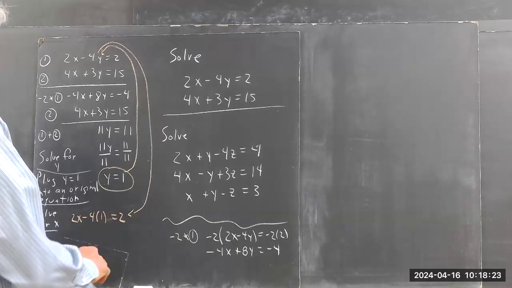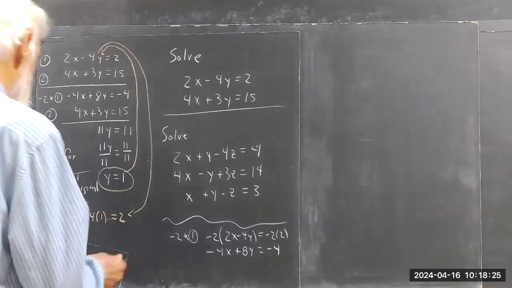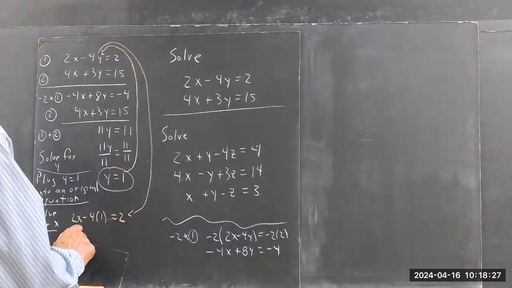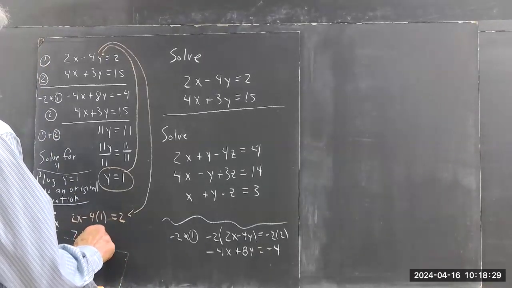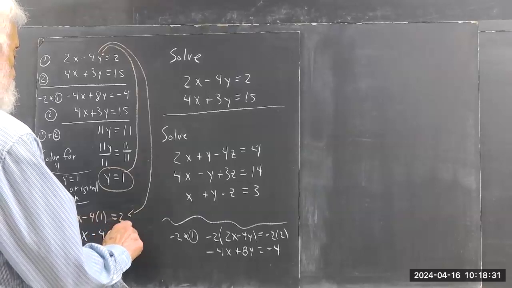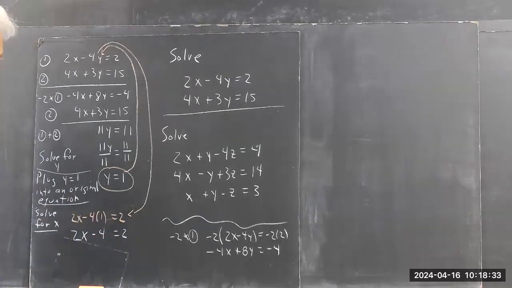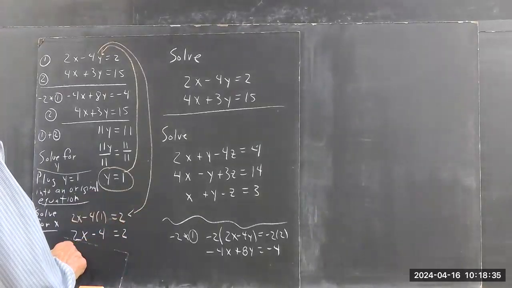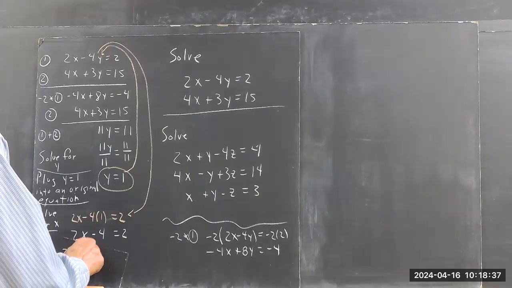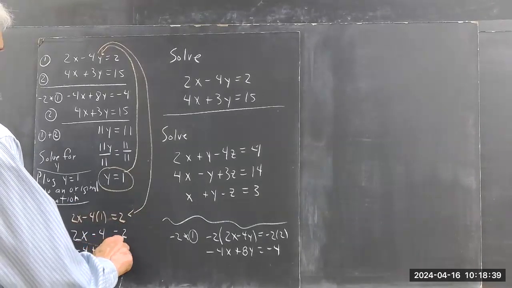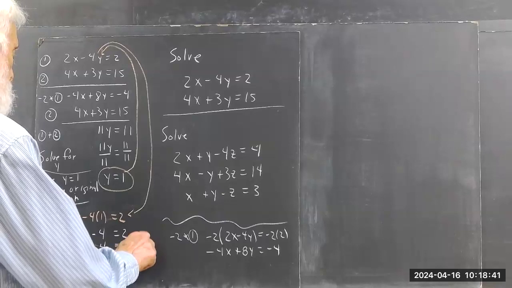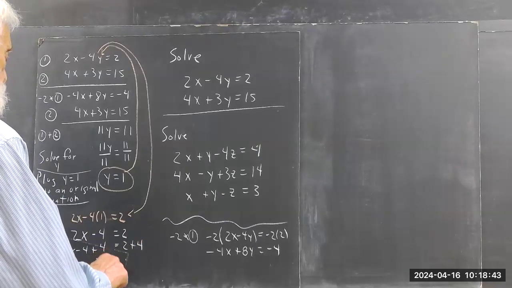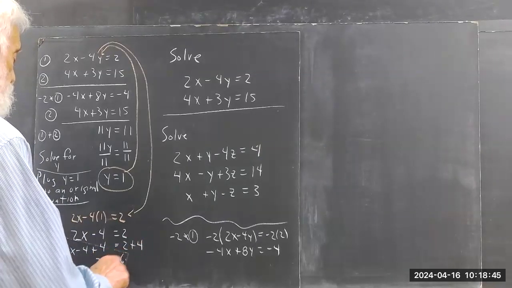Okay. So now what do we get? We get 2x minus 4 equals 2. We add 4 to both sides, and we get 2x equals 6.